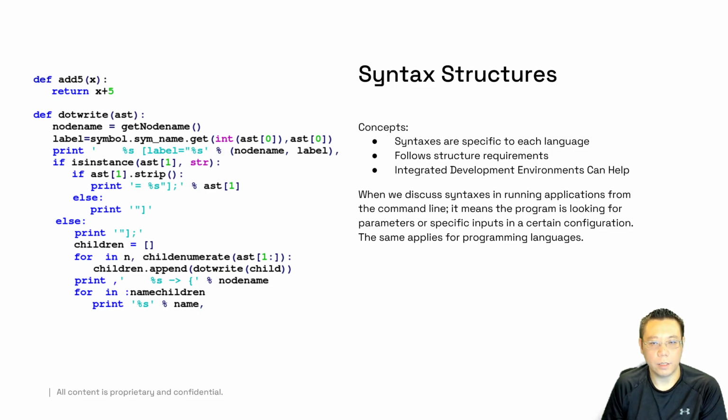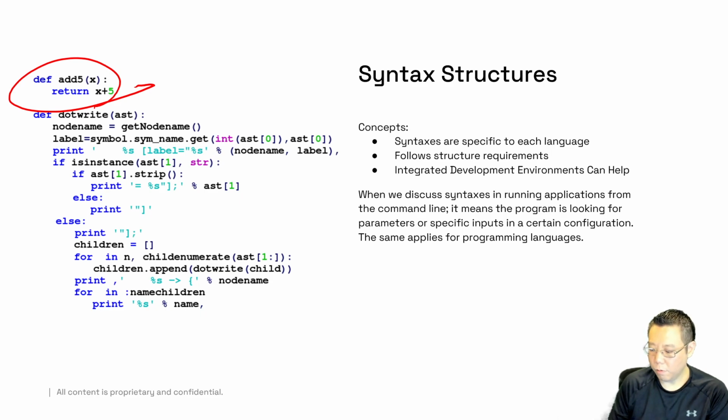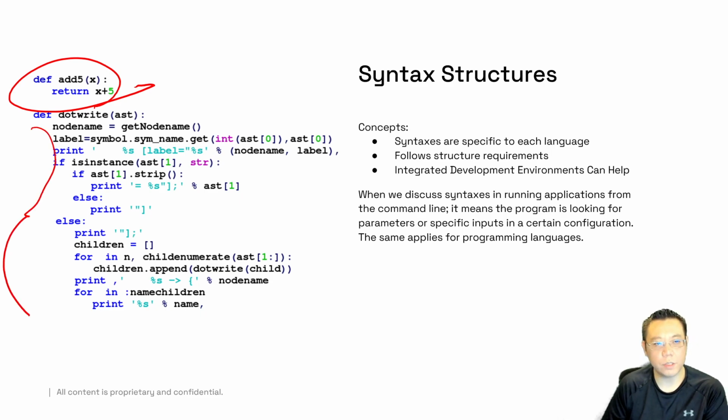Distinctively, Python uses def for definitions, aka functions. We have an add 5 function here, which takes any input of x and returns x + 5, which is right here. Let's go to print. There you go. We also have a dot write, and don't worry too much about what is going on here, but just understand the syntax.